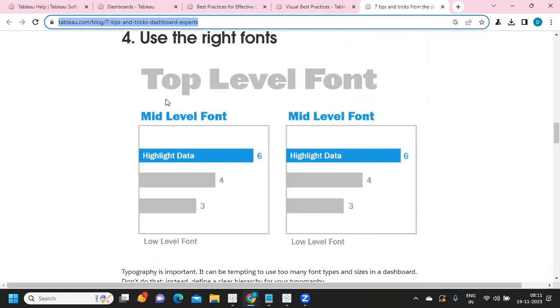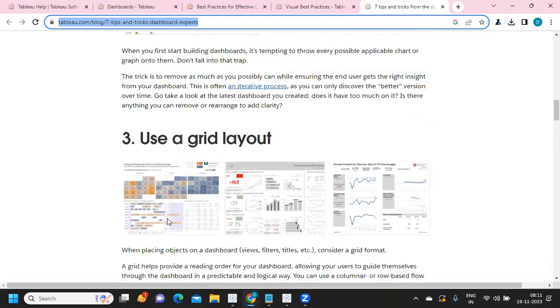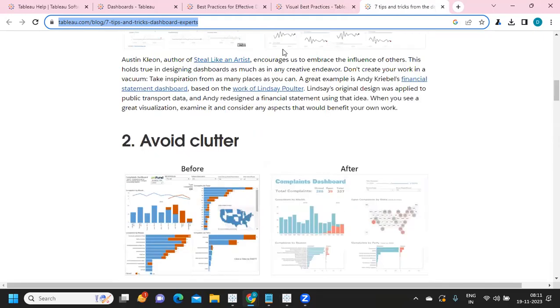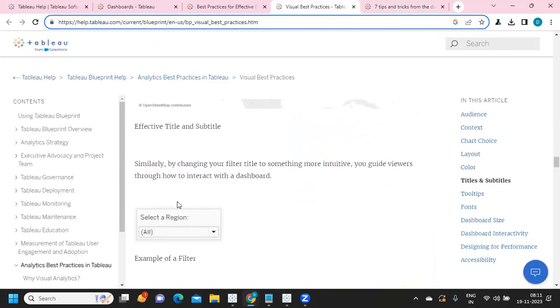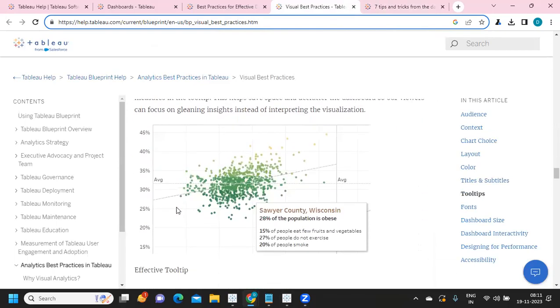According to this, there is a top level font, highlighted data, mid level font, low level font, like that. There was an example here, maybe. Yeah, now see here, this is an effective title and subtitle example. For the title in the tooltip, he has highlighted in a different color, in bold, and then a slightly lighter color, and then a different font size.